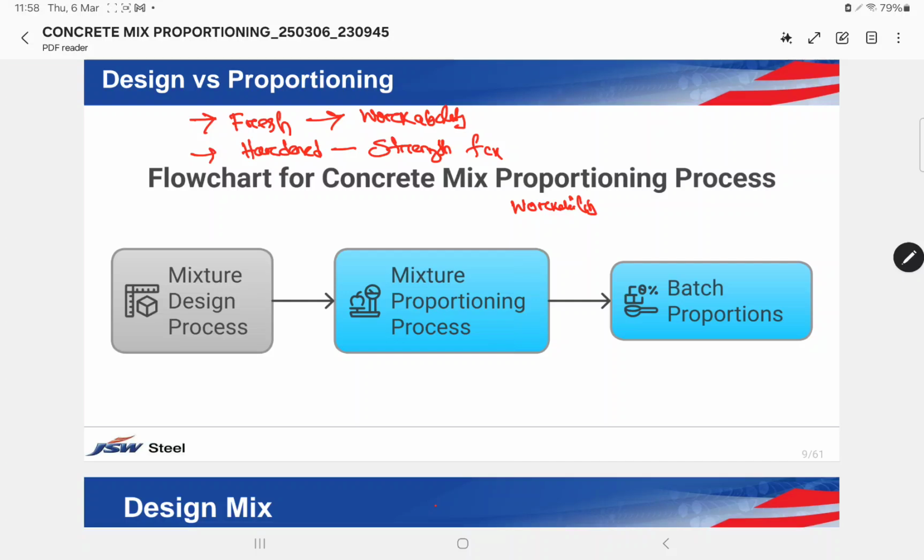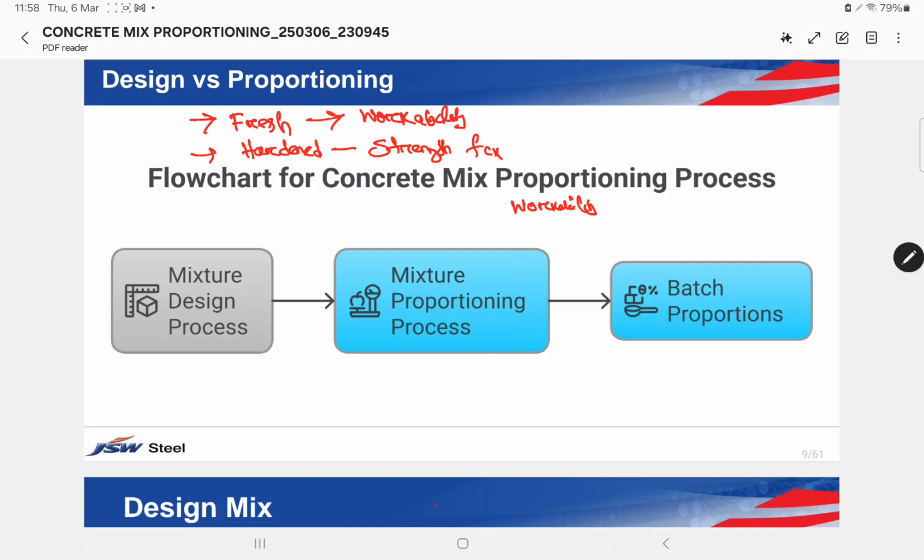When we say durability, we mean what should be the minimum quantity of cement content, what is the maximum allowable water cement ratio for that concrete, what type of structure you are doing, and accordingly what type of material, most preferably what type of cement, you need to use depending upon the environmental exposure conditions.